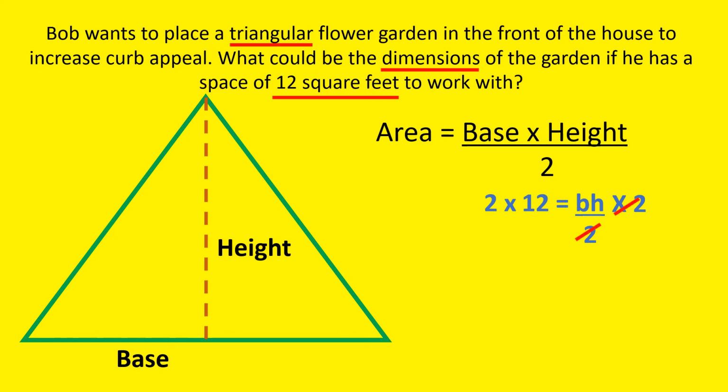They cancel out. And then on the left side, I have 2 times 12, which is 24. So I'm left with 24 equals base times height. Now, I'm not going to tell you what the answer is because there are multiple answers. What could our base be? What could our height be? What two numbers could we multiply together to get 24? There's more than one answer.